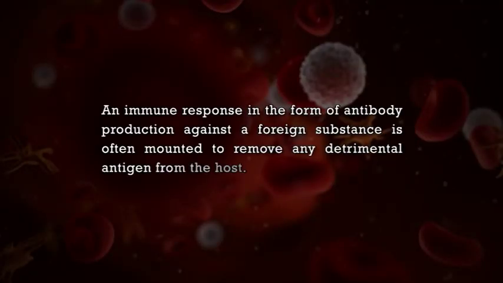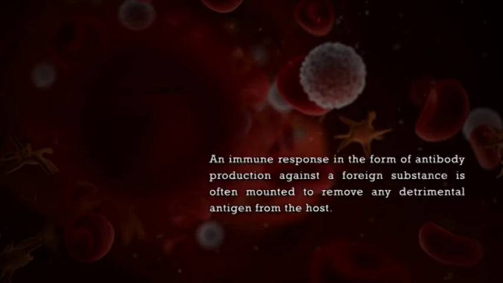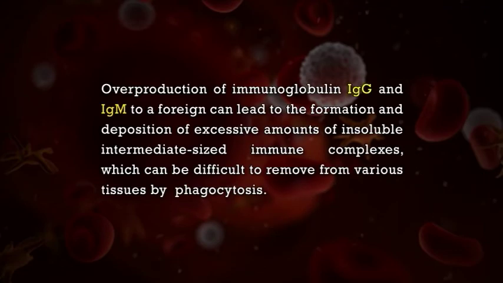An immune response in the form of antibody production against a foreign substance is often mounted to remove any detrimental antigen from the host. In type 3 hypersensitivity, overproduction of immunoglobulin G and IgM to a foreign antigen can lead to the formation and deposition of excessive amounts of insoluble intermediate-sized immune complexes, which can be difficult to remove from various tissues by phagocytosis.